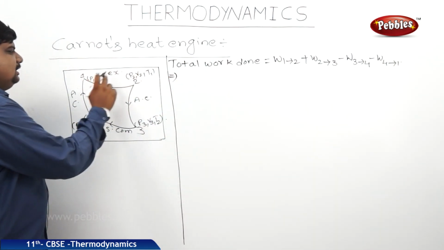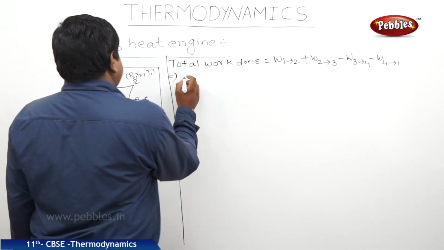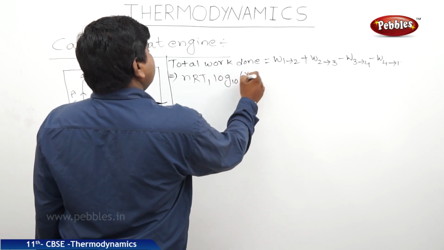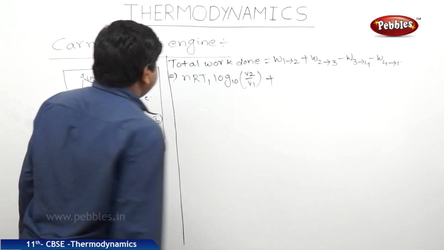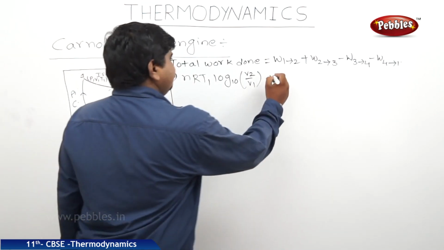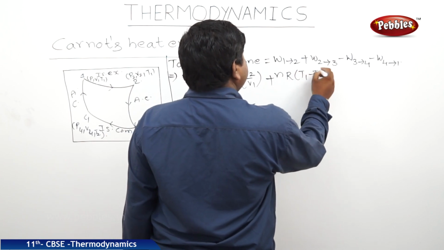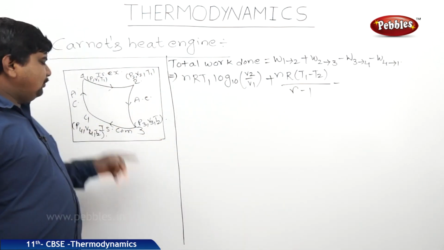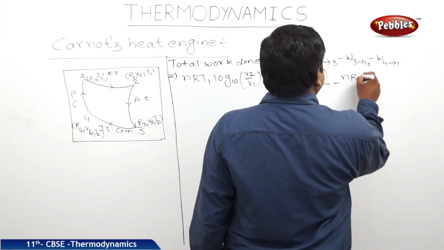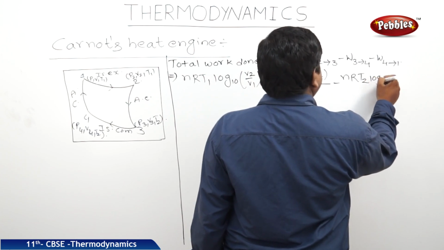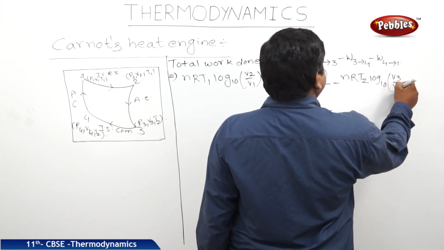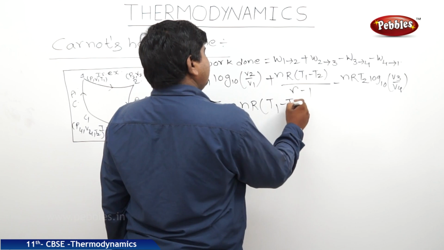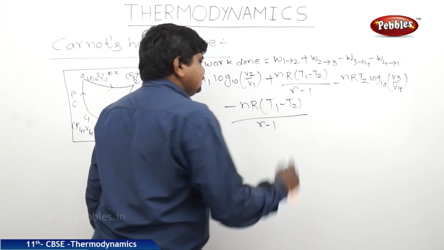So, W1 to 2 is nothing but the isothermal expansion work done, nR T1 into log V2 by V1, plus W2 to 3, nR into (T1 minus T2) by (gamma minus 1), minus W3 to 4, the isothermal compression, nR T2 into log V3 by V4, minus nR into (T1 minus T2) by (gamma minus 1).